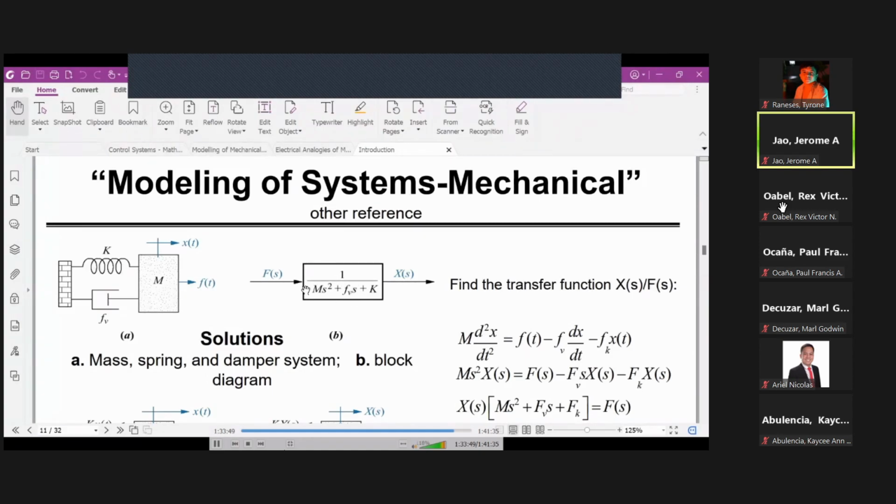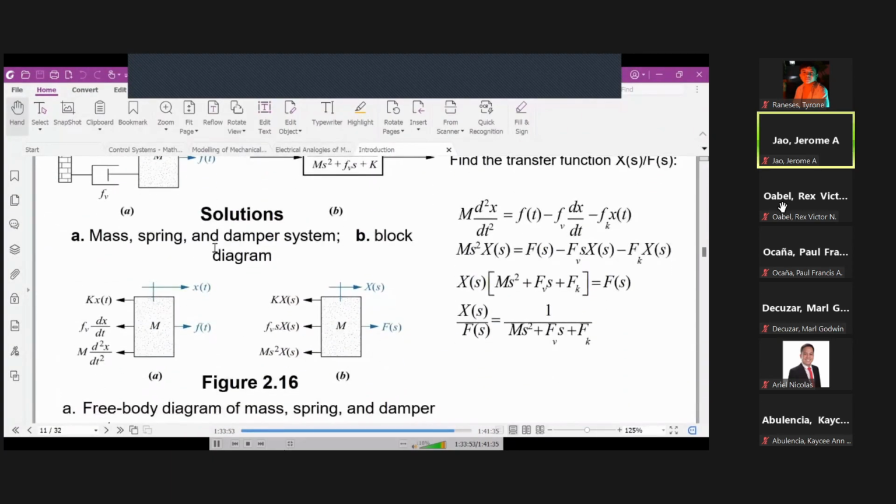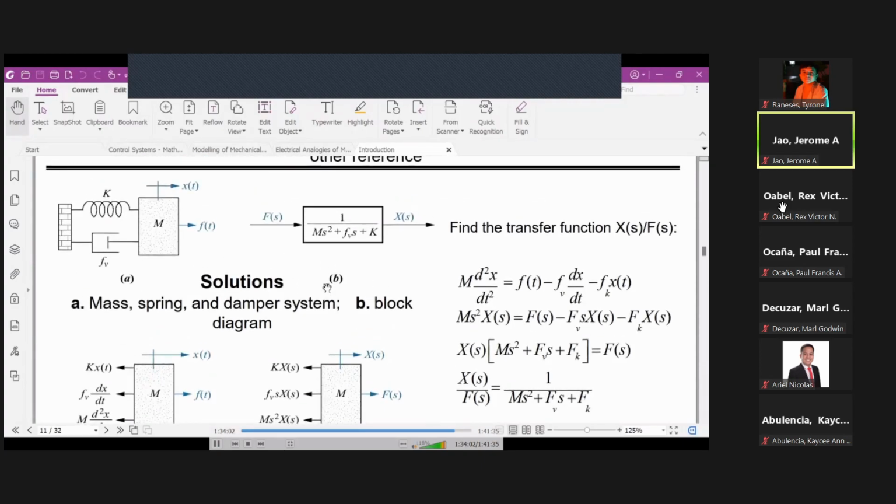Tama po? Before we can do this, kailangan natin siyang isolve. Paano natin siya isolve? So we need to know what is the input, what is the output, and what is the transfer function, which will be written in the box. Alam naman natin, ano yung input natin doon sa system kanina?